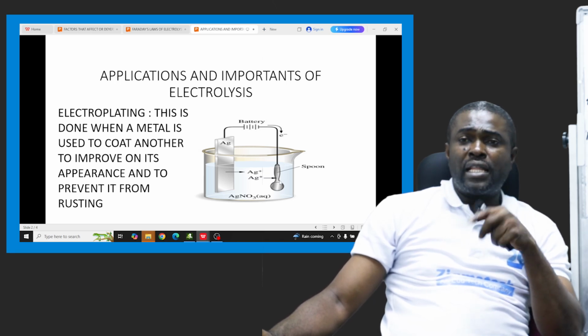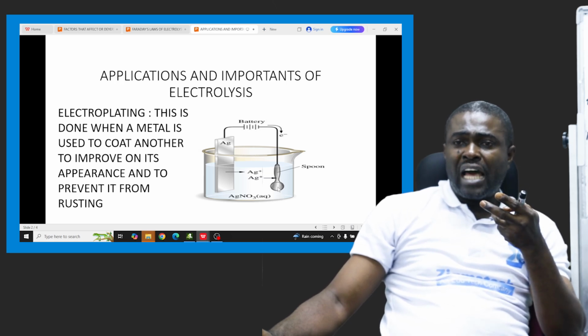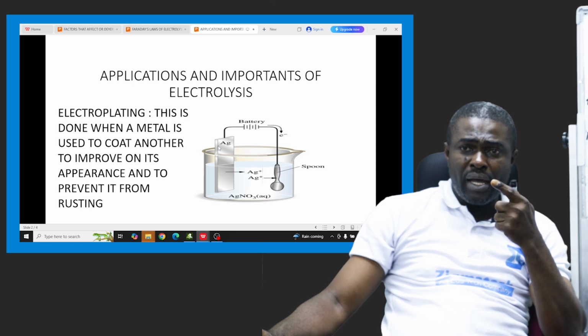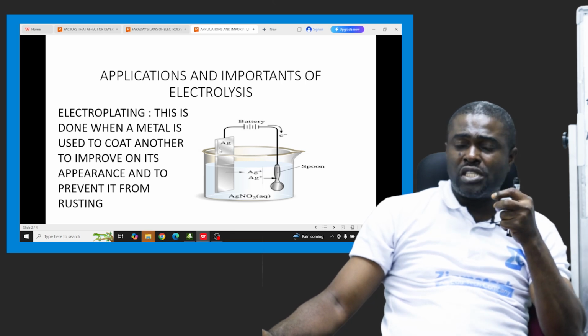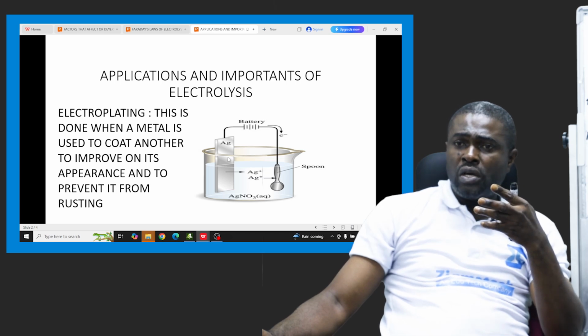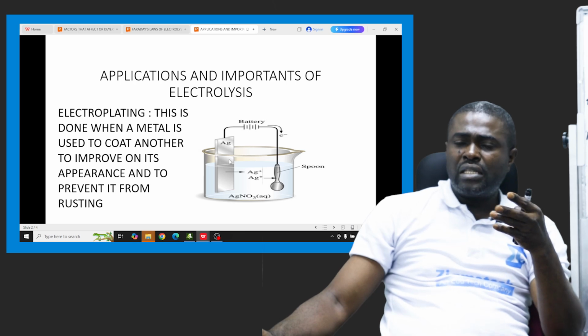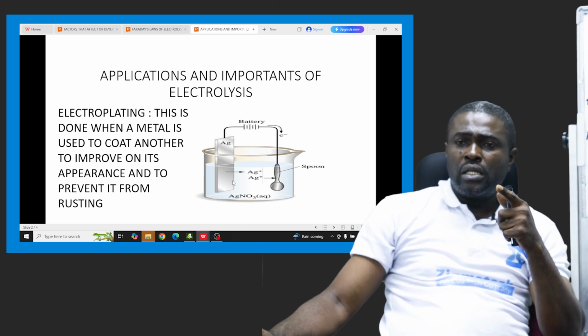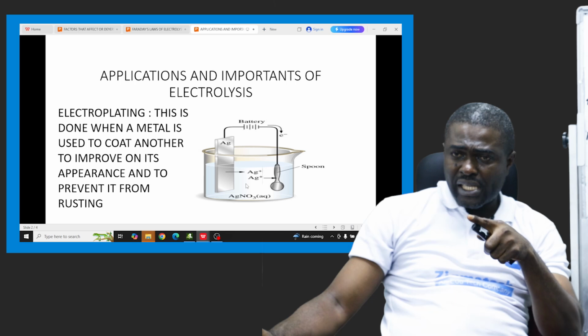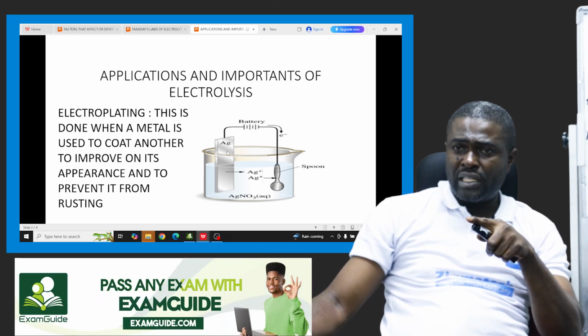So you can now see that these two applications have a lot to do with what? An active electrode. The moment the anode does not contain platinum, graphite, or carbon, but contains an active electrode like copper, like silver, then note that the electrolyte inside here will be a soluble salt of whatever is here.